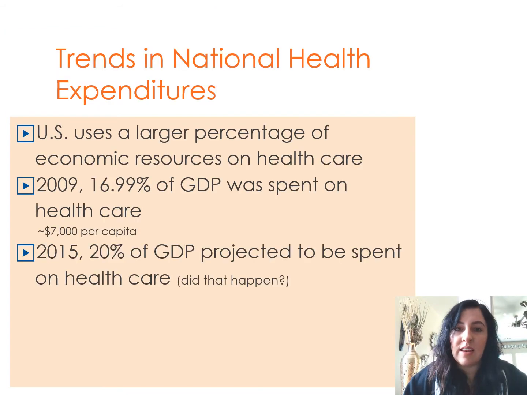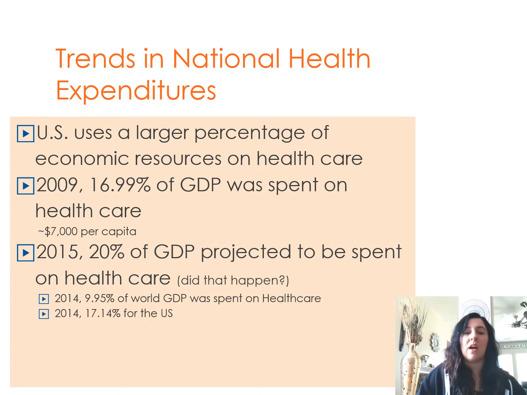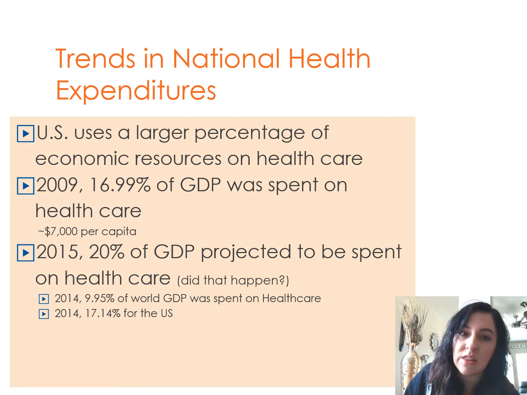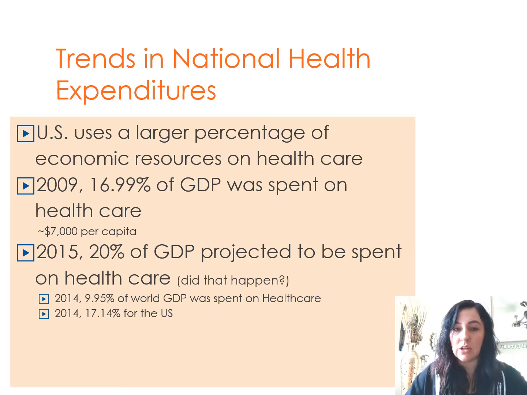Okay, so trends in national health expenditures. The United States uses a larger percentage of economic resources on healthcare. Healthcare is probably one of the biggest things that we spend money on as a country.